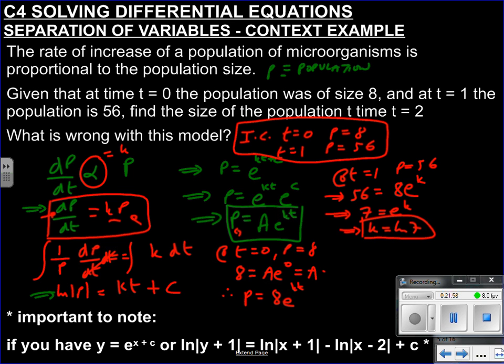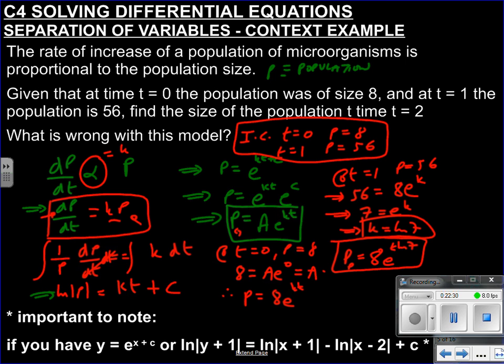Yeah? So now our particular solution, p, is a, which is 8, e to the k, which is ln 7, all times t. So I write that as 8e to the t ln 7. Okay? Just be careful because otherwise you could read e to the ln 7 times t, which it isn't. So there we go. And the question asks for the population at time t equals 2.